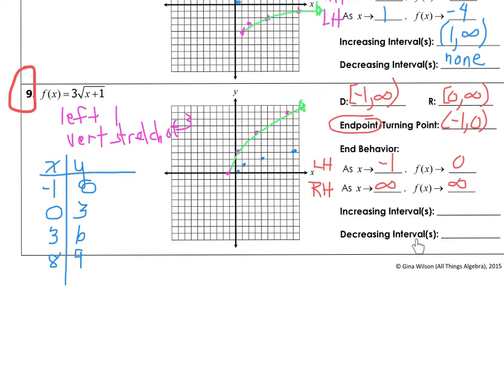Then increasing and decreasing intervals, we always go from left to right. So as I go from left to right, I start here, and the graph is going up. Going up is an increase. And where on the x-axis is it increasing? It starts at -1 and continues to increase, going up all the way through to pos infinity because this graph never stops.